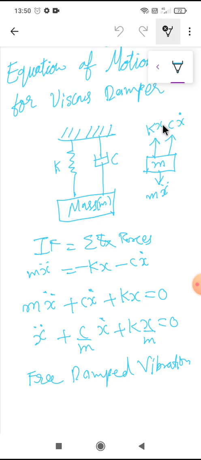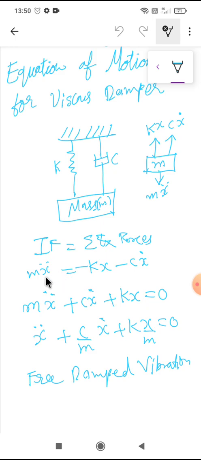According to Newton, there should be an equal and opposite force to balance these forces. That force is, let's say, the inertia force, IF, which is mass into acceleration, mx double dot. So the inertia force is equal to the summation of all the external forces. The external forces are kx and cx dot.